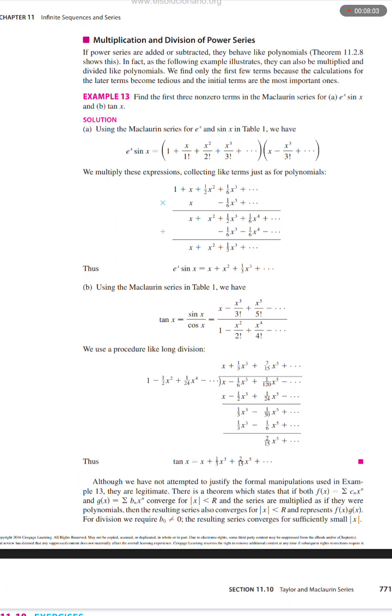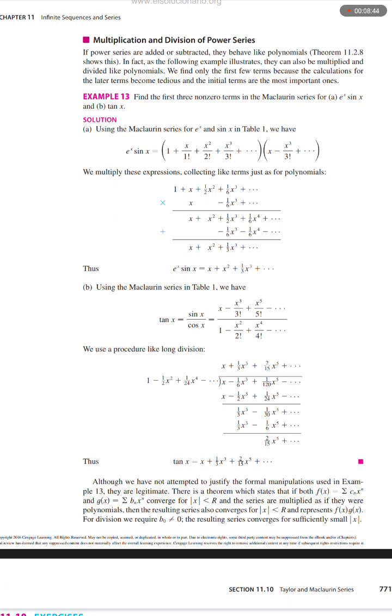Part A. Using the Maclaurin series for e to the power x and sine x in Table 1, we have e to the power x sine x equals (1 plus x over 1 factorial plus x squared over 2 factorial plus x cubed over 3 factorial plus ellipsis)(x minus x cubed over 3 factorial plus ellipsis). We multiply these expressions collecting like terms just as for polynomials.